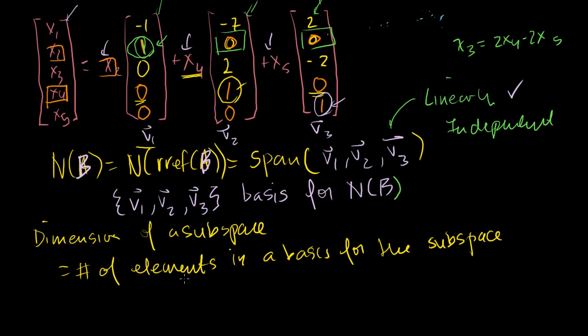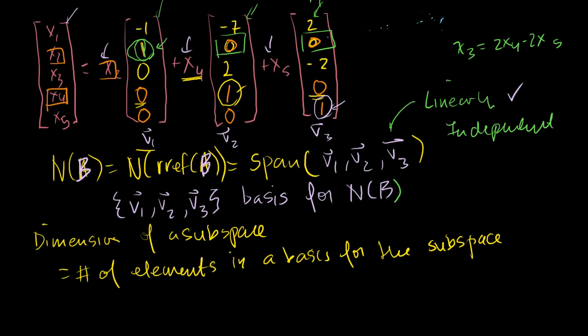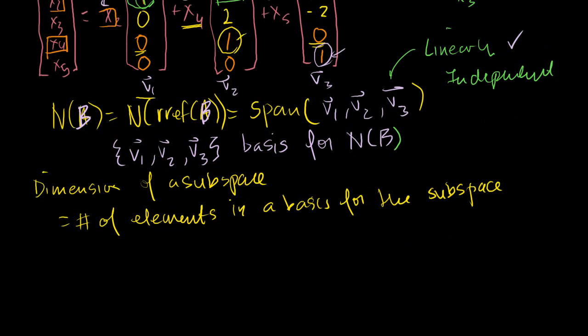And in the last video, I took great pains to show that all bases for any given subspace will have the same number of elements. So this is well defined. So my question to you now is, what is the dimension of my null space of B?